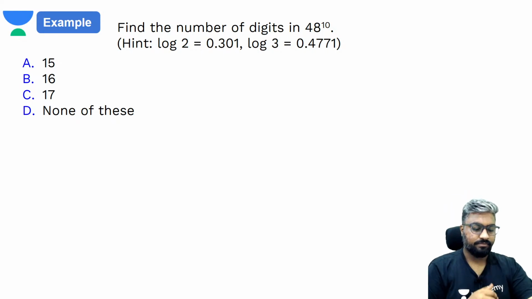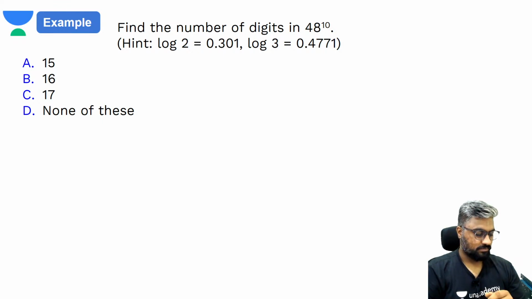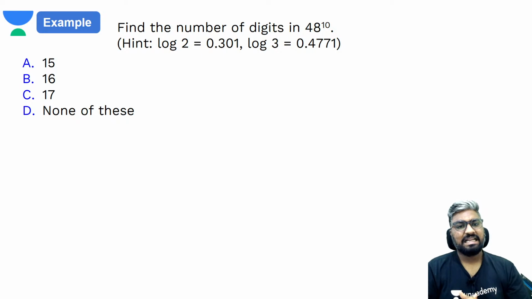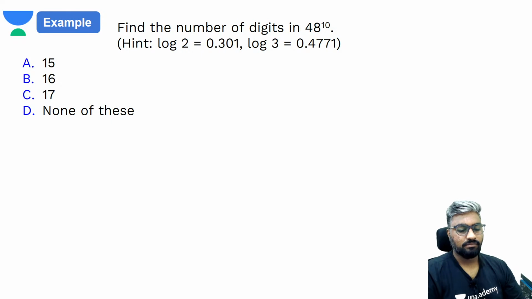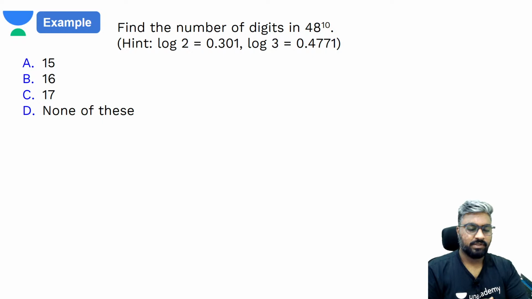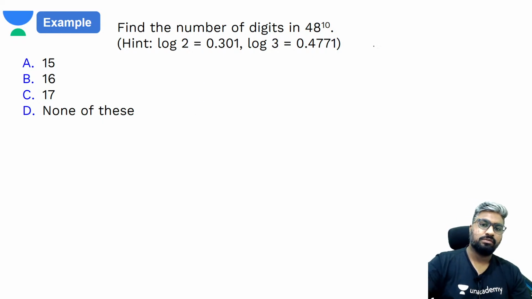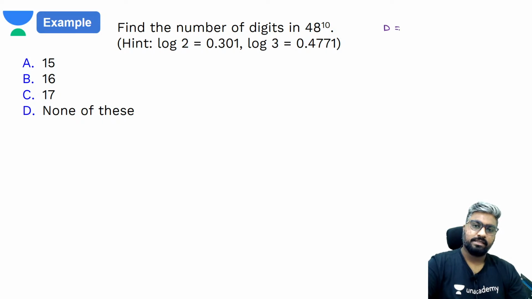If you're looking for the process, what will you do? Number of digits is nothing but the characteristic part of log of 48 to the power 10 to the base 10, plus 1.